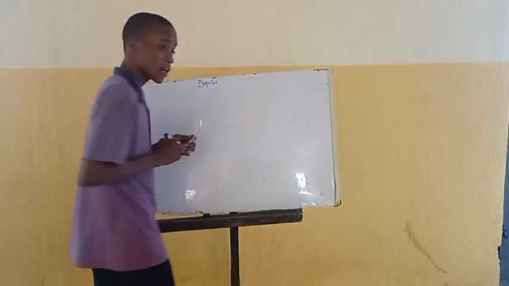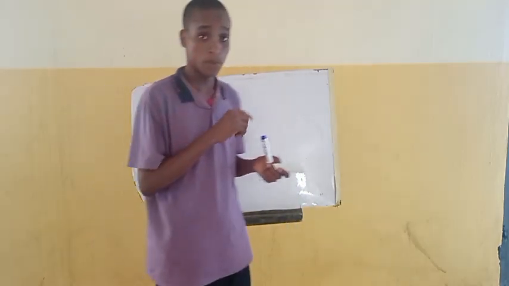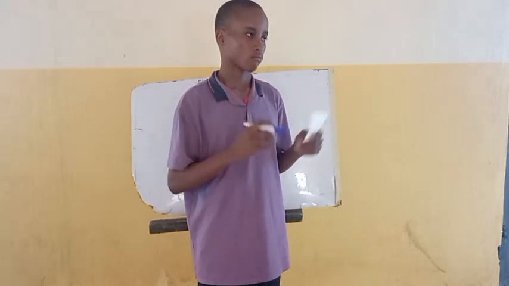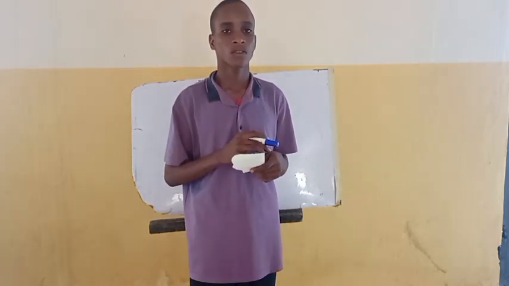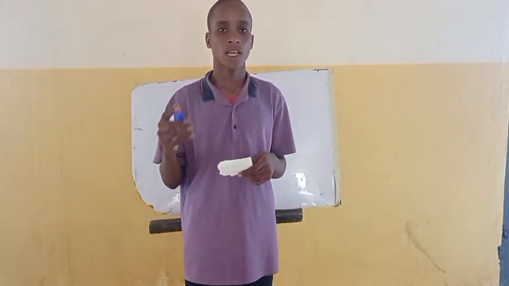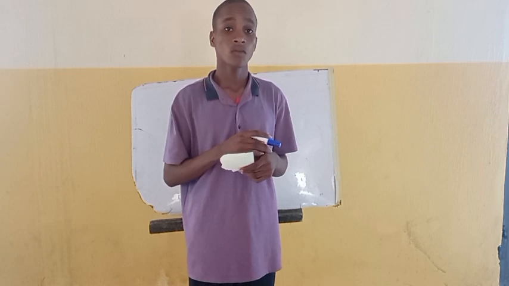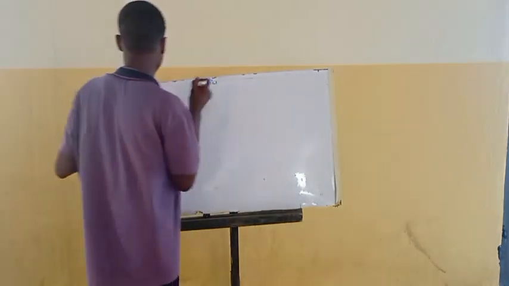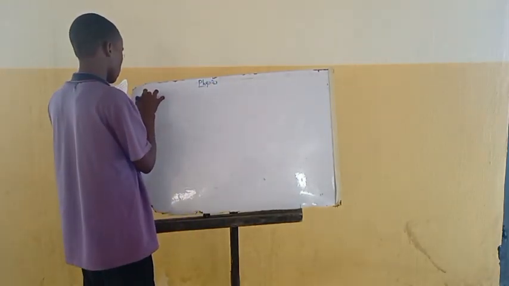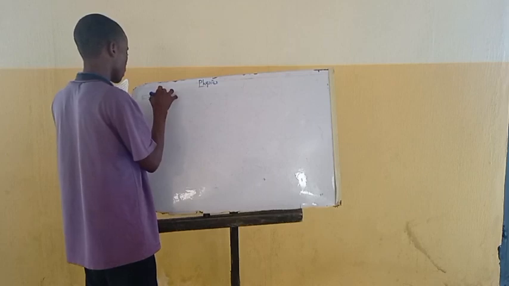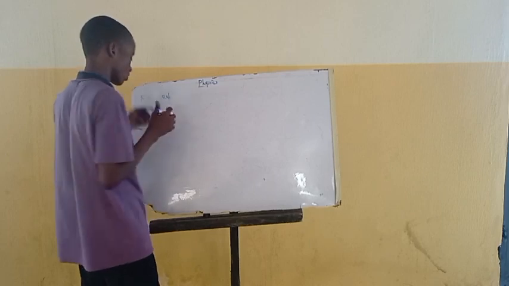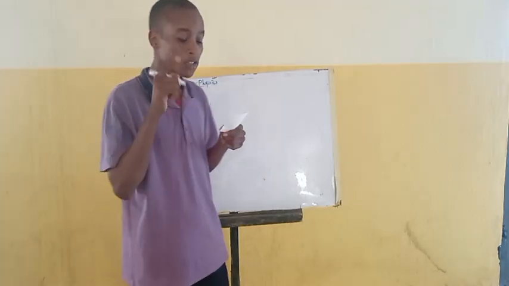Now, remember, I told you earlier, in the previous class, that work done is force times distance. So when they say the force is 5,000, don't forget, force is 5,000 Newton. And they said at uniform speed.